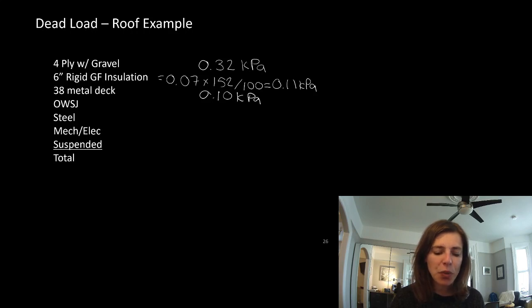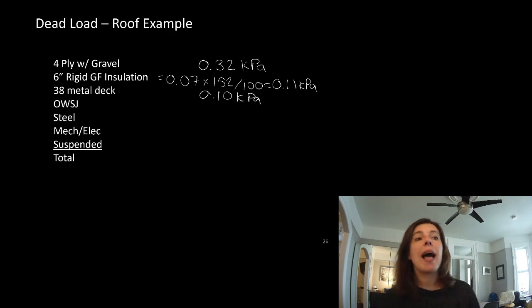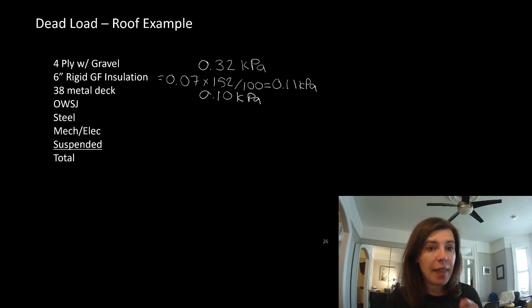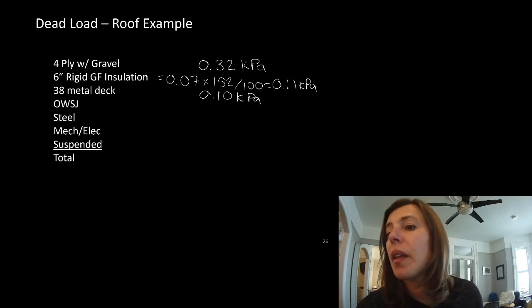And what the engineers would do is make this assumption, and then once the building is fully designed, go back and check and see if they used a reasonable assumption for the weights of their open web steel joists and their steel. And if we've done that, then we say, great, we're not going to redesign anything. If we didn't use a heavy enough load, we might have to go back and redo our design here. So this is something that I give you.